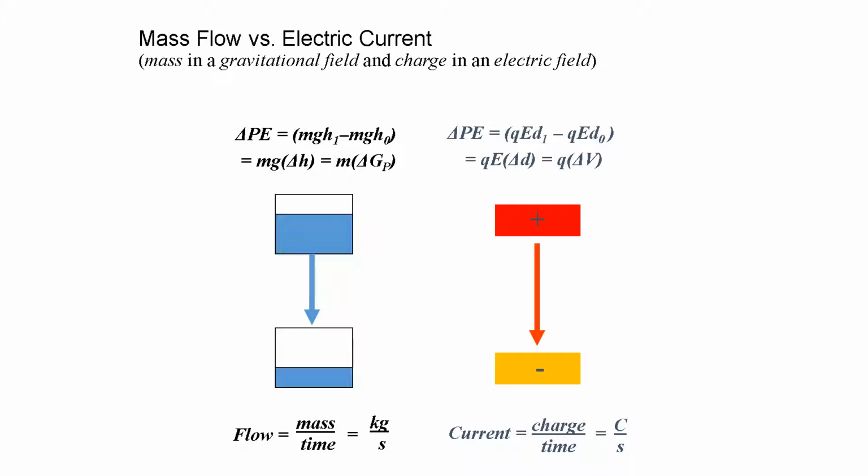Now, in an electric field, we're looking at how charge flows through that cable in a given time. So we have the change in the potential energy, delta PE, equals QEd1 minus QEd0. Essentially, if we pull the Qs out, that's saying the change in voltage.